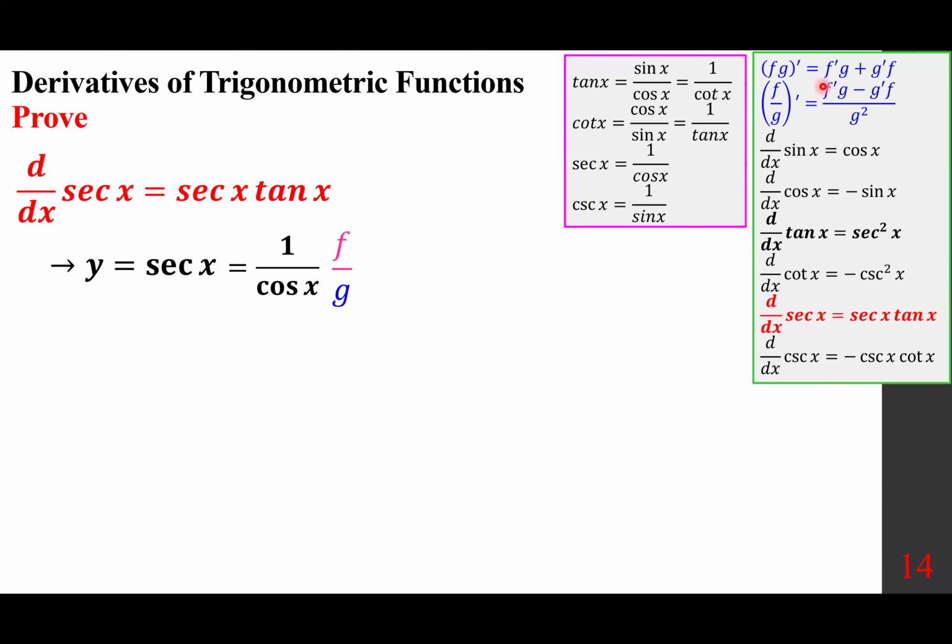So we are going to go with f prime g minus g prime f over g squared, where f prime, the derivative of 1, becomes 0, any number, the derivative is 0, times g, which is cosine x, minus g prime, the derivative of g, cosine is negative sine, times f, the numerator is 1, over g squared. Just put the denominator here and square it.